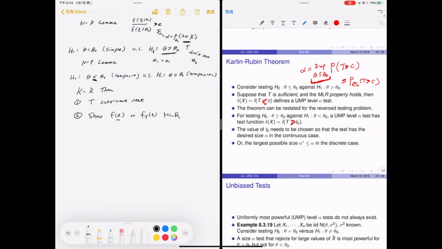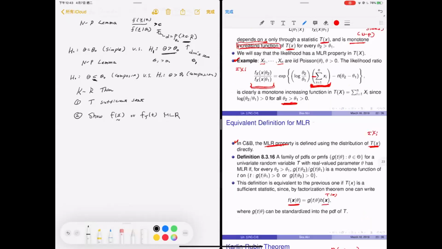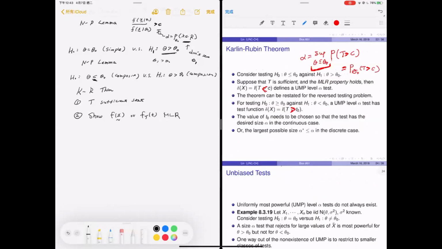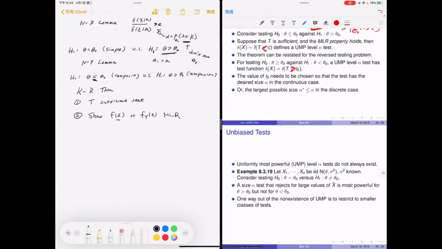That's because you have the MLR as a decreasing function of the sufficient statistic. You can always put a minus sign on your statistic to make it an increasing function, but we see increasing functions more often. Keep that in mind.